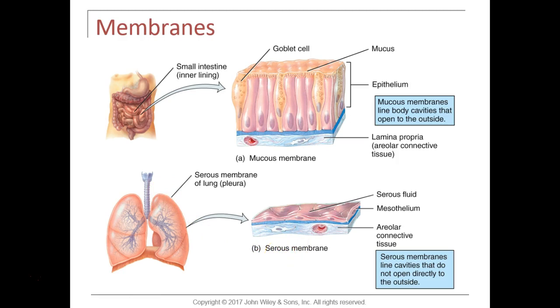Now, we also have a serous membrane that lines the outside of our abdominal organs, like your stomach and your large intestine and the small intestine. Notice I said the outside of it, not the inner lining, but the outside of these organs are all surrounded by a simple squamous epithelial sheet, which is all called the mesothelium, secreting a serous fluid.